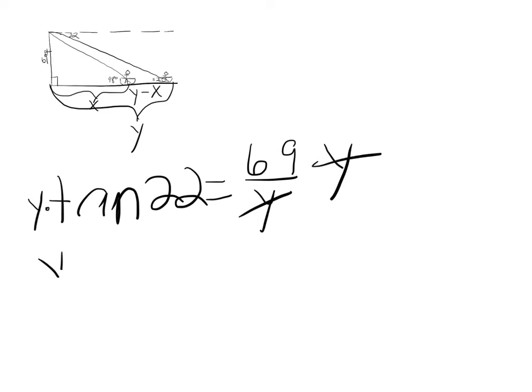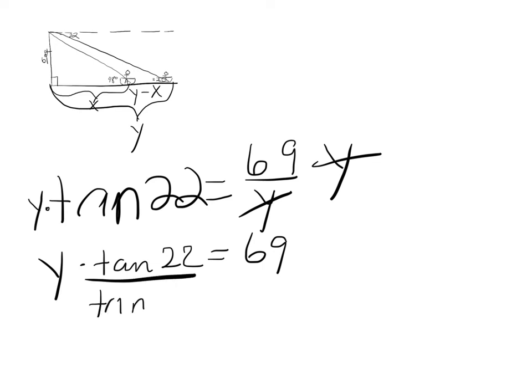So I rewrite this as y times tangent of 22 equals 69. To get y alone, I'm going to divide out the tangent of 22. So when your y is in the denominator, you have to do one extra step. You have to get it out of the denominator by moving it over into the numerator, and then you have to divide out whatever's over here.